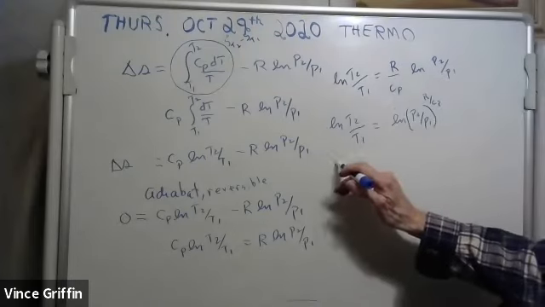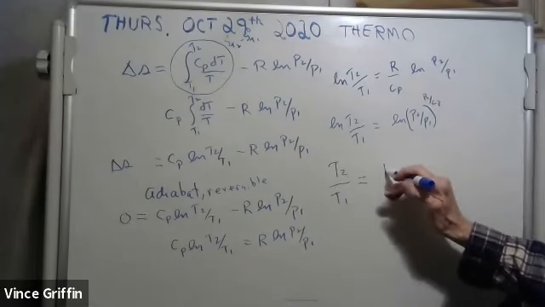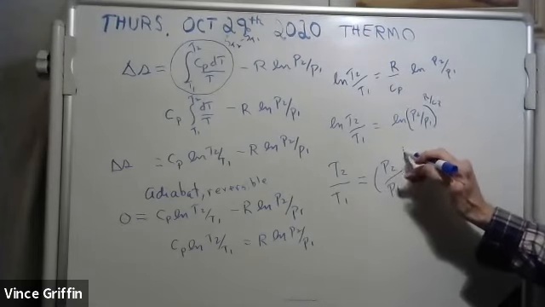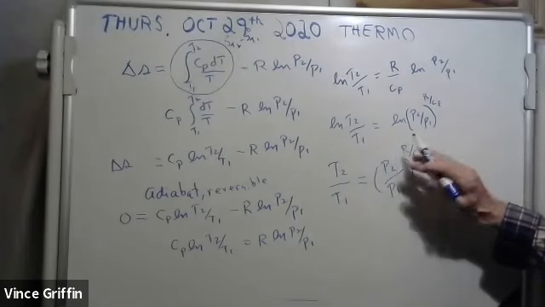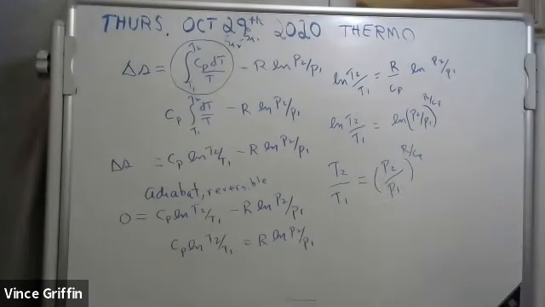See if you can get to here with me. Can you get from here to here? Can you make it? We're almost done. We're going to have a wonderful equation.